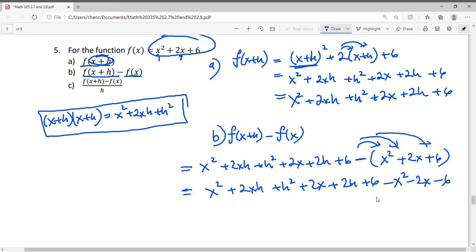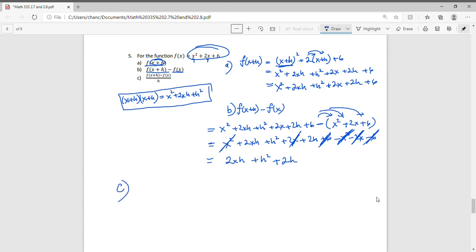But we have to simplify. Is there anything that will cancel out? The x squareds will cancel out. The negative 2x and the 2x will cancel out. And the negative 6 will cancel out with this positive 6. This simplifies to 2xh plus h squared plus 2h.